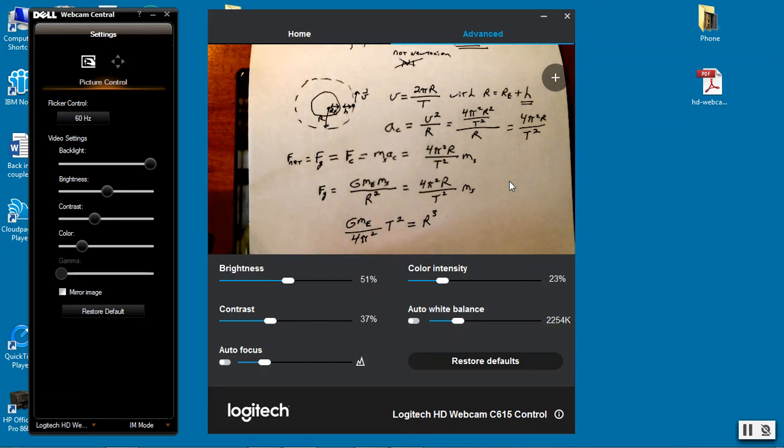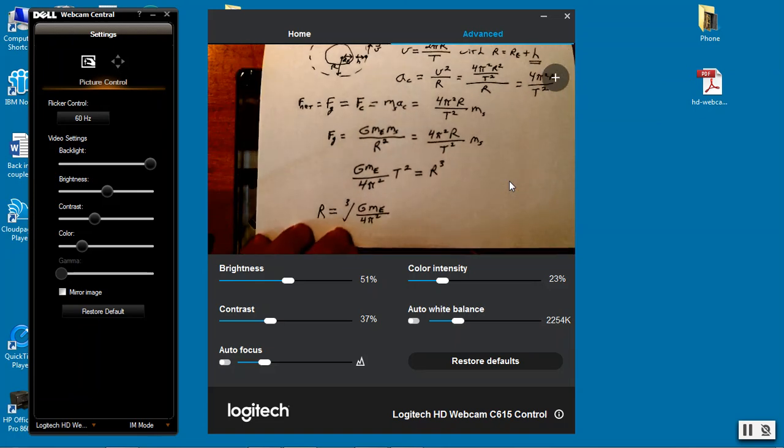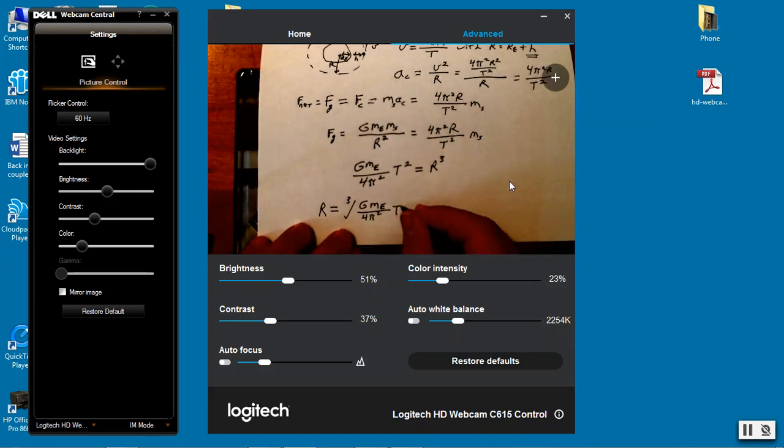Okay, so the last piece is we need to take the cube root of everything. So the cube root of big G times the mass of the Earth divided by 4 pi squared times the period squared. That will be the radius of the orbit that we need.